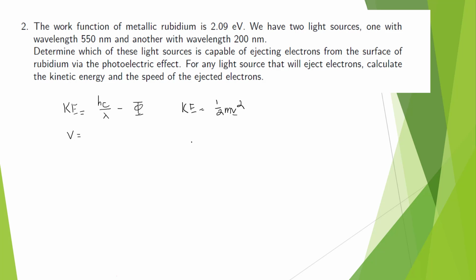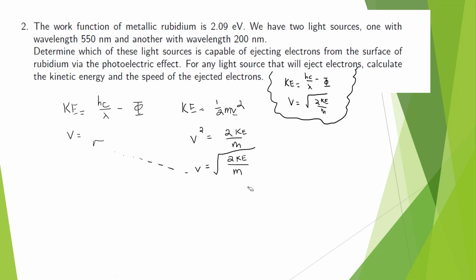So we can isolate velocity: velocity squared is equal to 2 times the kinetic energy divided by mass. And we can take the square root of both sides to get velocity equals the square root of 2KE divided by mass. So right up there. And we can use both of these functions to solve for the latter half of the problem.